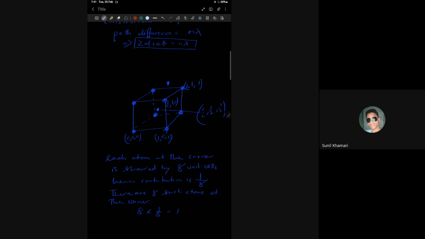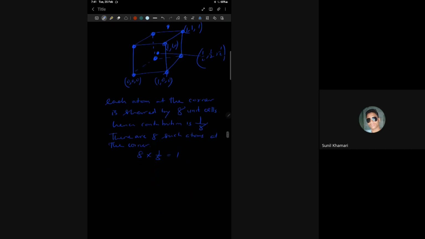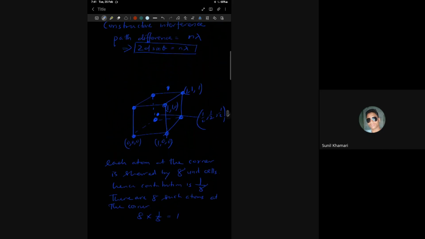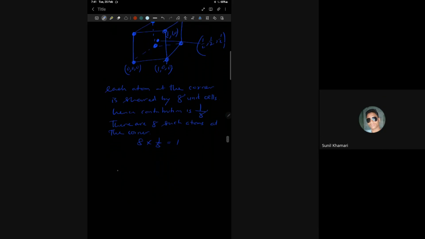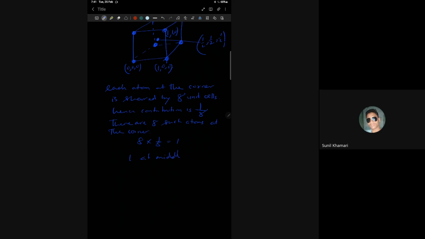To visualize, we can say this is one atom, and in the middle there is another atom. So there is one at the middle, at half, half, half. So there are 1 plus 1, that is 2 atoms per unit cell.